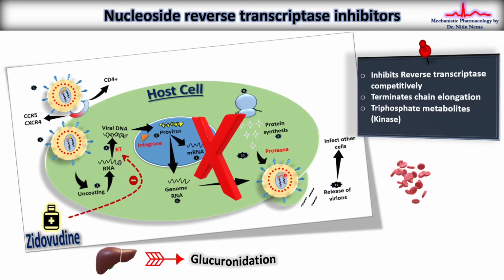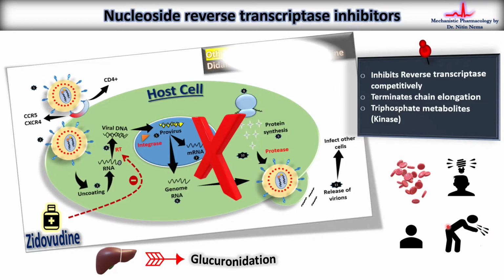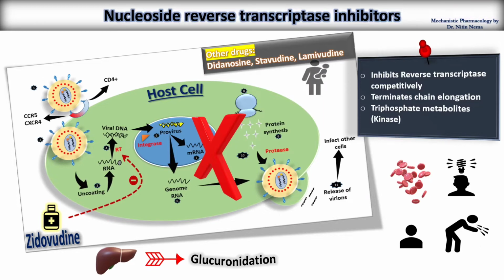Along with it, other side effects include severe headache, insomnia, and vomiting. The other drugs include didanosine, Zidovudine, Lamivudine, Gemcitabine and many more. Friends, this category is contraindicated in breastfeeding.